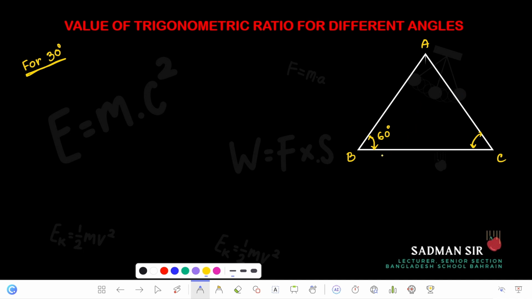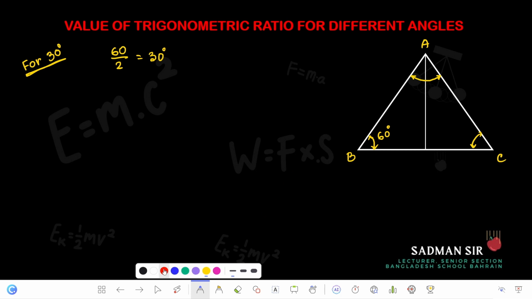Now, but I need 30 degree, correct or not? So to get the 30 degree, what can we do? This angle, that is 60 degree, can be divided into two equal parts, right? The total angle is 60 degree. Now if I divide 60 into two equal parts, how much should I get? 30 degree.